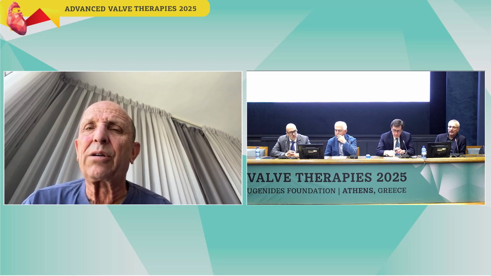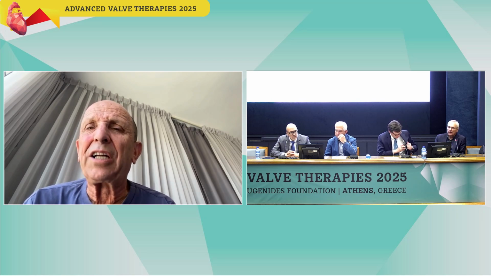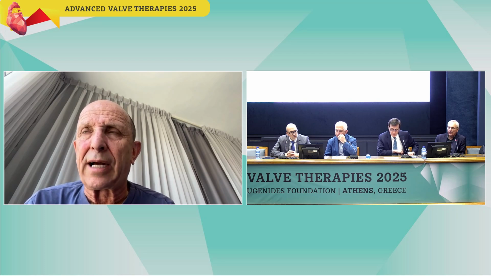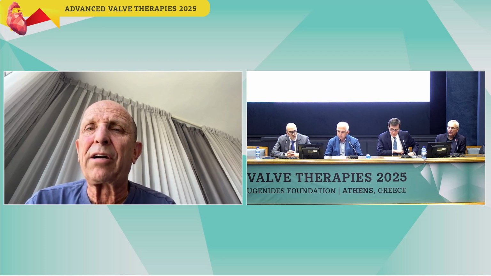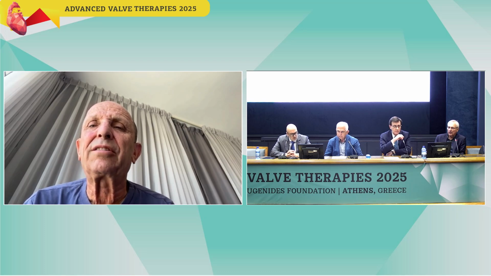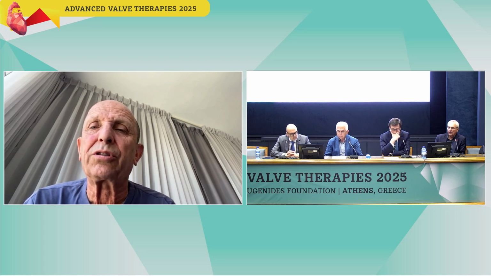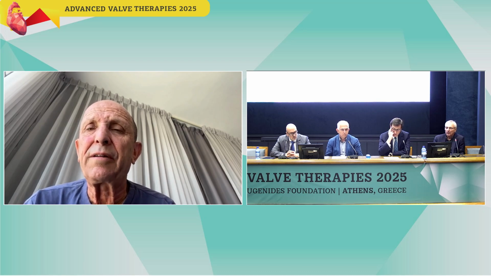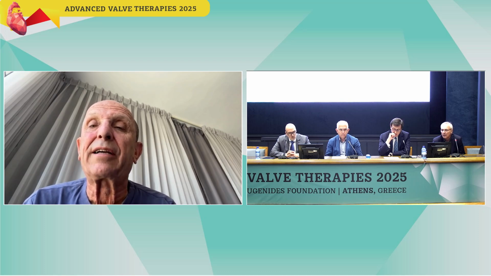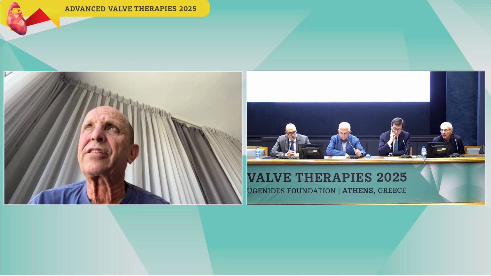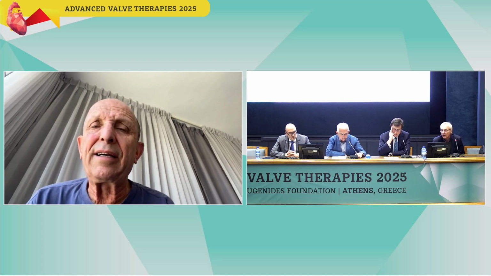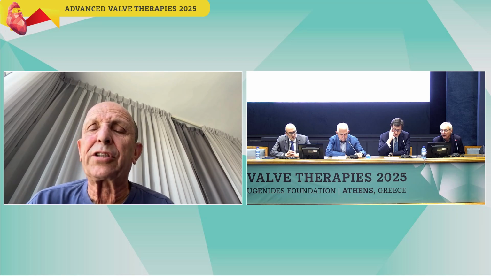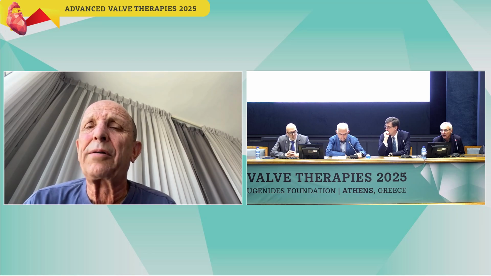So I think that the algorithm today is much more complicated and takes into account so many parameters together, not just whether it's supraannular in order to have a bigger orifice area. This should be taken into account as well, not just regarding the PVL or annular rupture, but many more parameters. You're right.